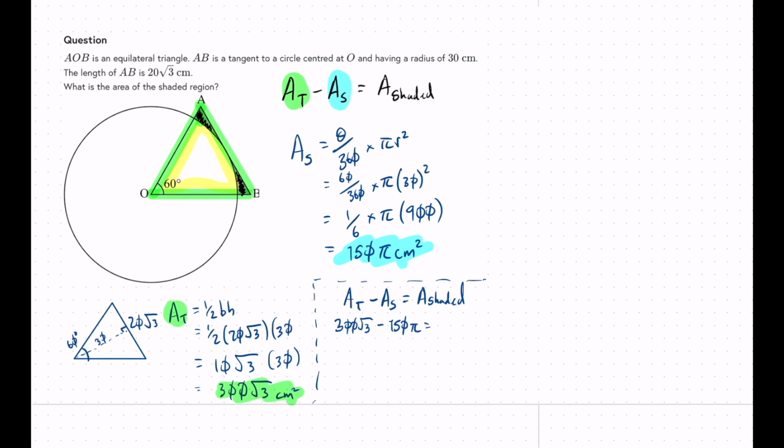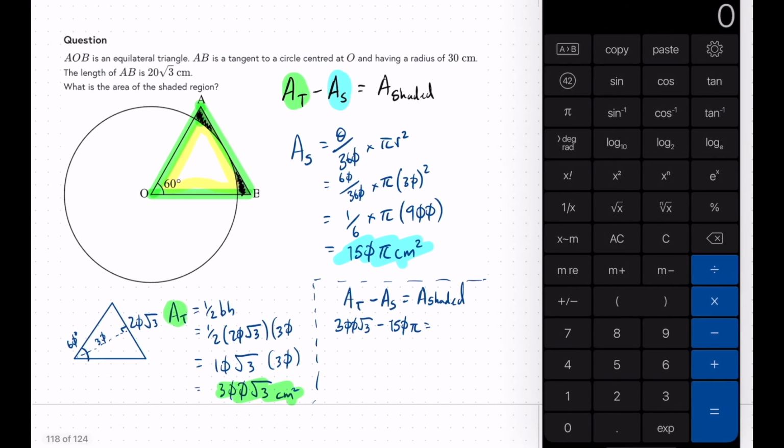I need my calculator for this. So 300 times the square root of 3 is equal to 519.6. I'm going to round it off here, but actually I'm going to copy this whole figure. Okay.